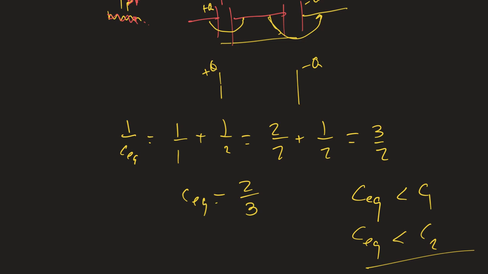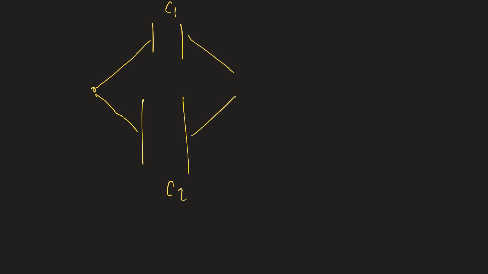Let's go now to see the parallel. By a parallel arrangement, we mean an arrangement where the two capacitors are arranged in a way, you see, this is the one capacitor C1, this is the second capacitor C2, that the difference in potential between the two plates of every capacitor is the same.